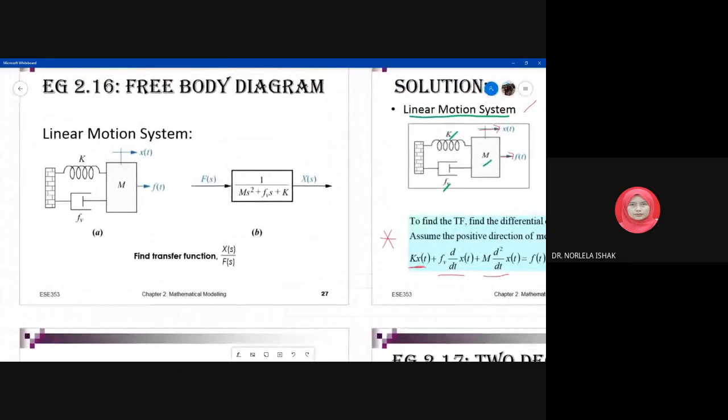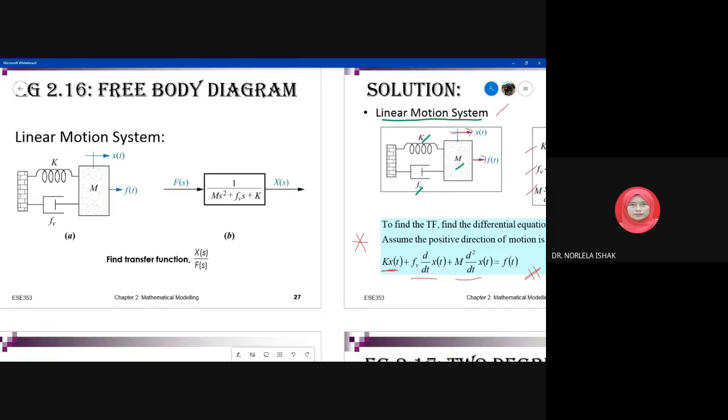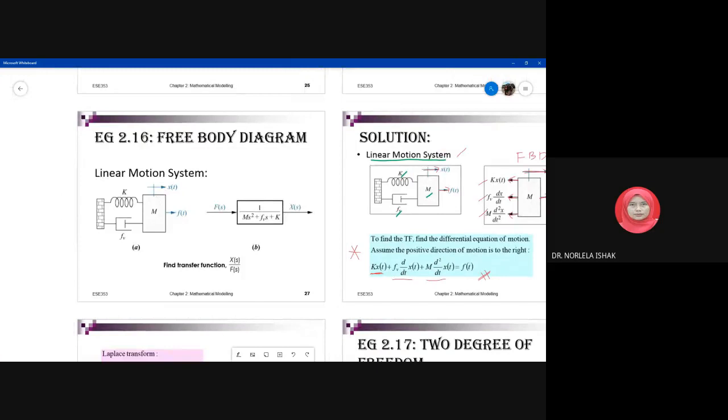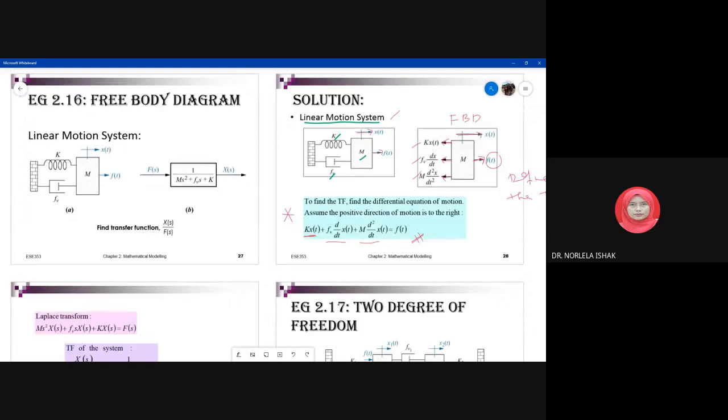So from here, how to define the transfer function? How to define the transfer function from this linear motion system from the single loop equation?